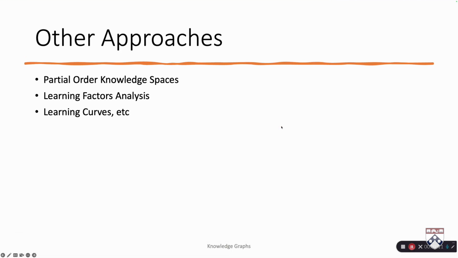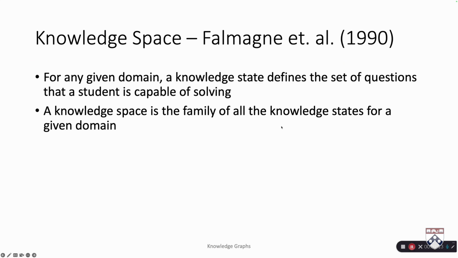Partial order knowledge spaces are a very specialized form of knowledge spaces. To understand what a knowledge space is, which was proposed by Falmagne et al. in 1990, we need to understand what a knowledge state is. Falmagne and co. define a knowledge state as the set of all questions that a student is capable of solving for any given domain.